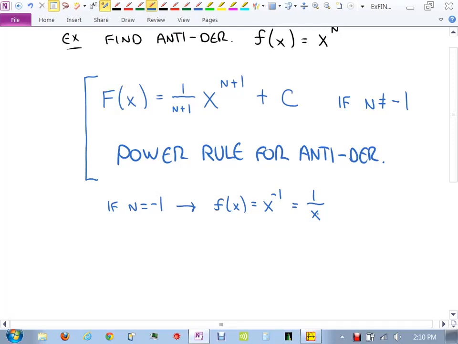The derivative of natural log of x is 1 over x. So in the case that n is negative 1, the capital F of x will be equal to natural log of x plus c. So now we've covered it. If n is any number other than negative 1, we use the top one. If n is negative 1, the antiderivative is natural log of x.